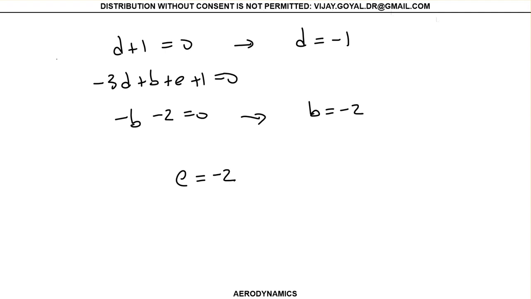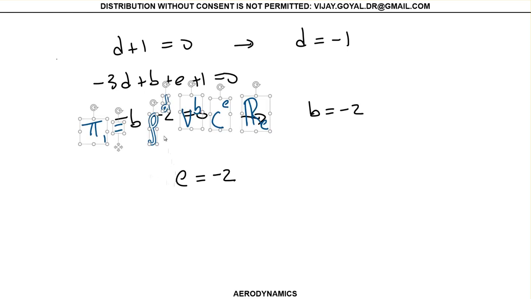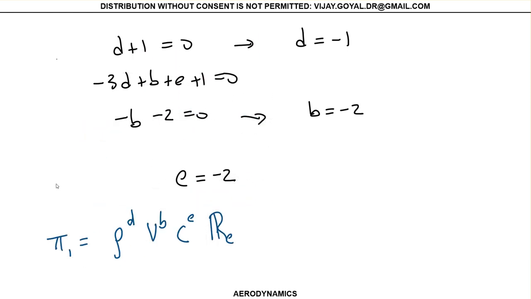So if I go back and replace all that inside this equation, this will now equal Re times rho to the minus 1, V to the minus 2, and the chord length c to the minus 2 power.